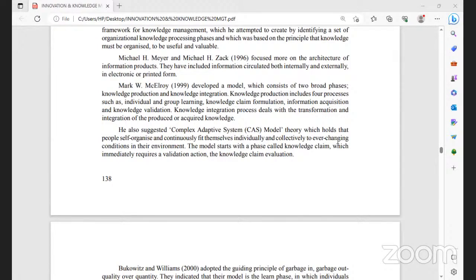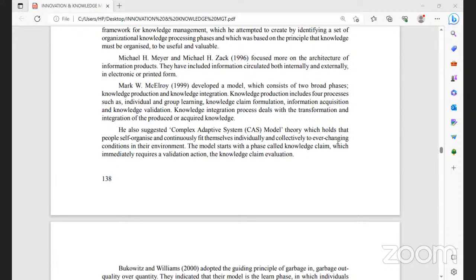Knowledge production includes 4 processes: individual and group learning, knowledge claim formulation, information acquisition, and knowledge validation. Knowledge integration deals with the transformation and integration of the produced or acquired knowledge. Means Mark's contribution is towards transformation and integration of that particular knowledge through his model.